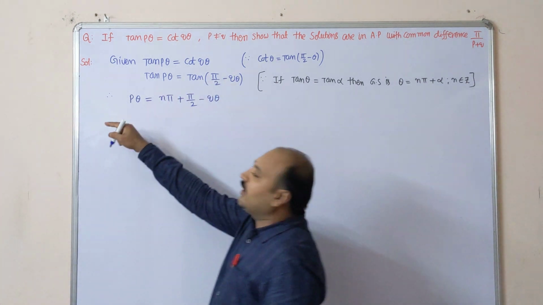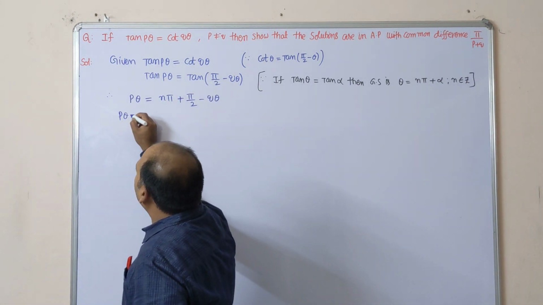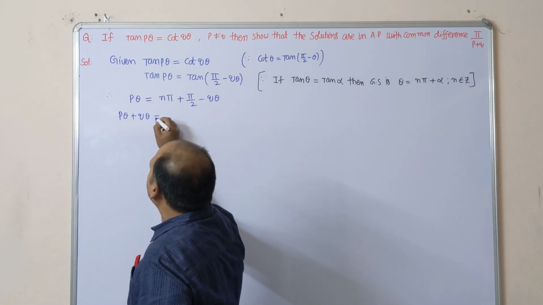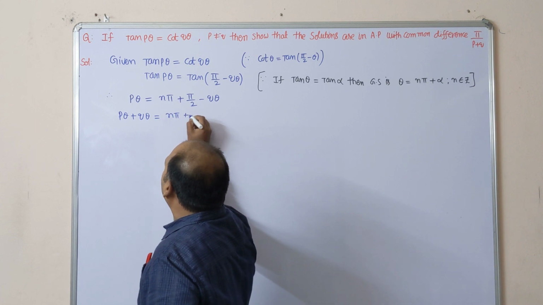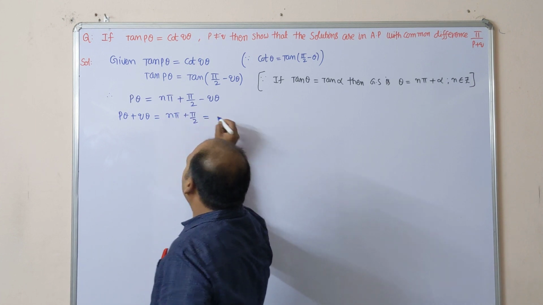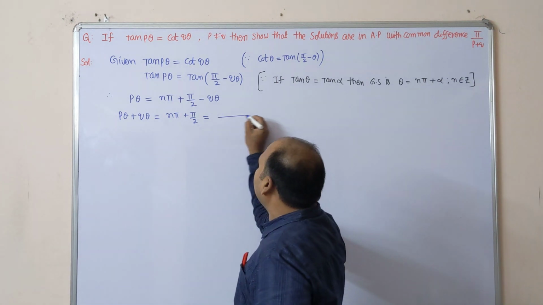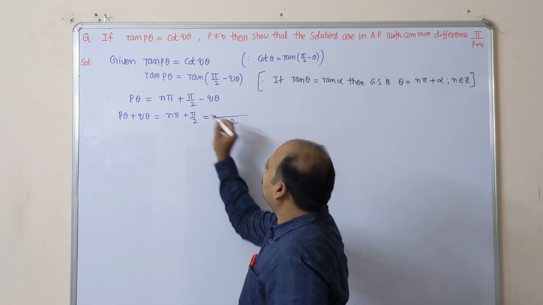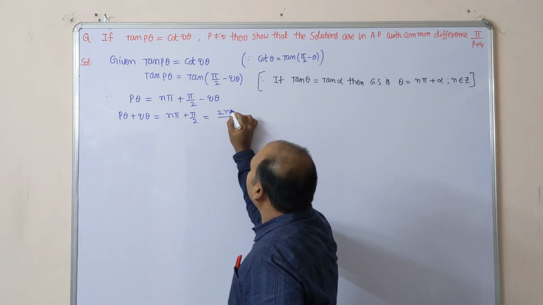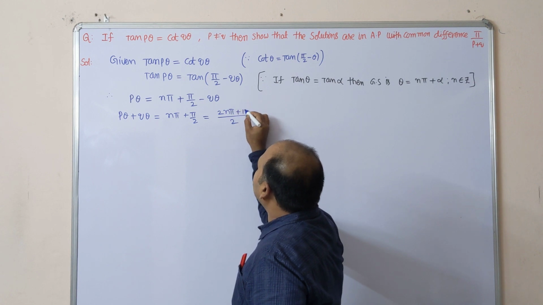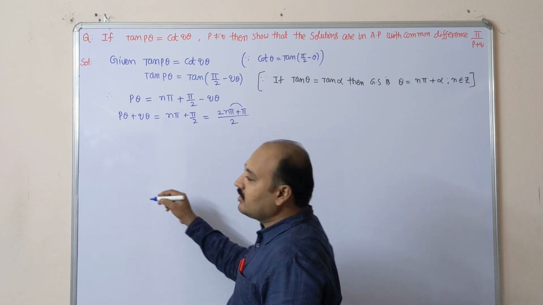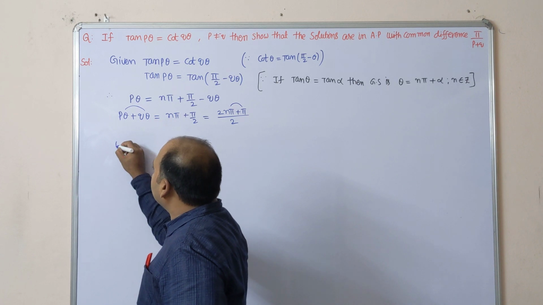Minus q theta I am taking to this side. P theta plus q theta is equal to n pi plus pi by 2. Like the previous problem, take LCM here: 2n pi plus pi. So pi take common, and theta take common on the left.